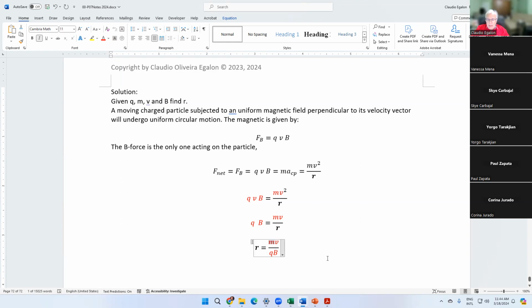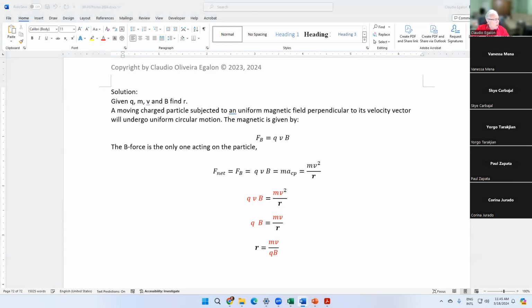More inertia, given by the mass, means a larger radius as well. The larger the charge of the particle, the larger the magnetic force, so the smaller the radius of curvature of the path of the particle.